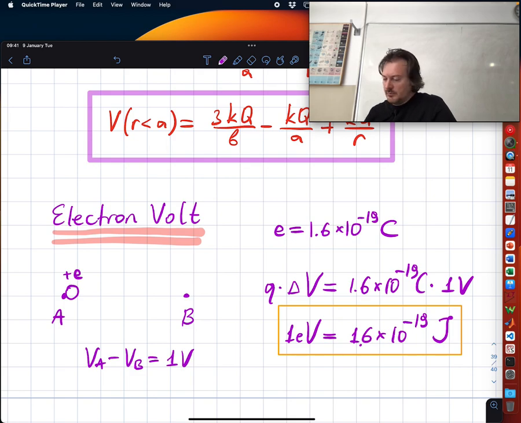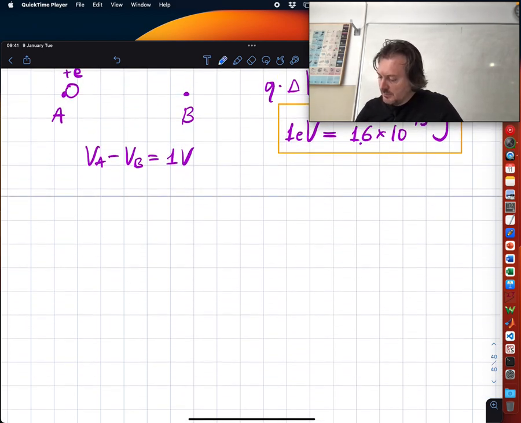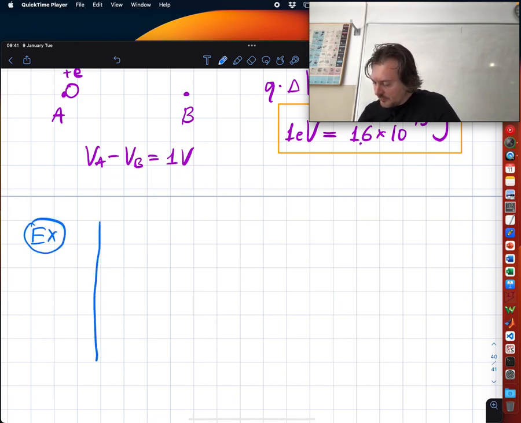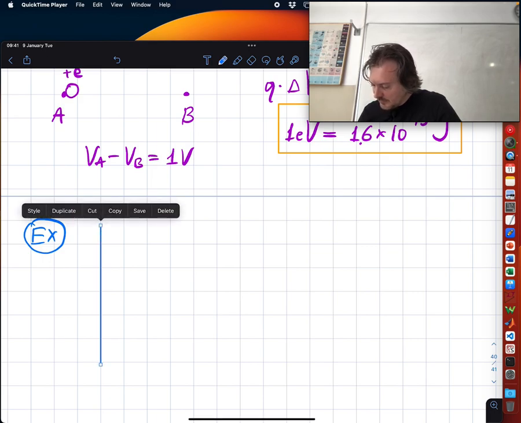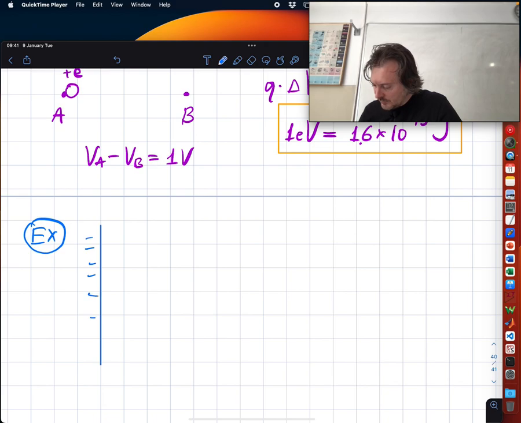So let me give you this example. Like you have 2 plates. One of them is at 0 volts. The other one is, let's say, the plus side, and we say that it's at 1000 volts.